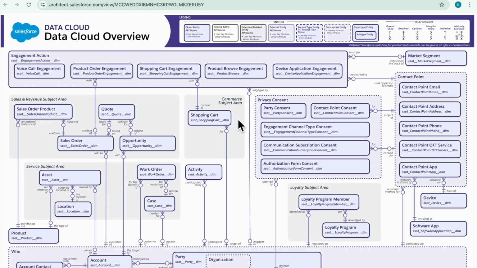Before getting further into the data cloud architecture, I wanted to scratch the surface of data cloud. I don't want to go deeper, since the purview of this video is to understand ERD diagrams based on data cloud overview. So data cloud's main USP is unifying customer data.